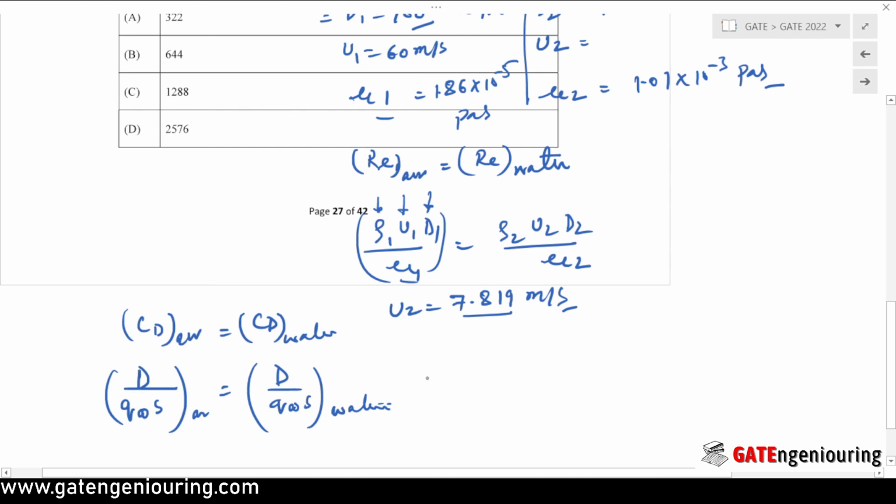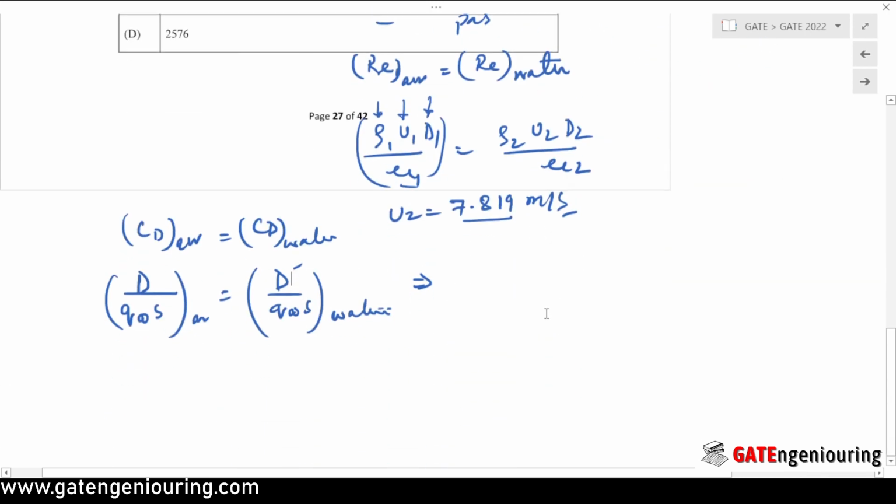Let us just write it quickly. The measured value for the model inside the water is given, that is 2280. So from here, the drag is equal to 2280 upon q infinity into s for water, and q infinity into s for air.